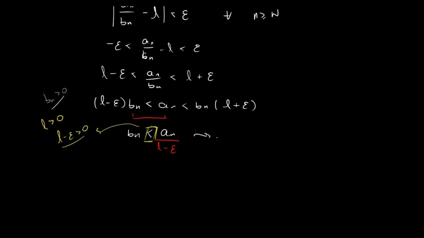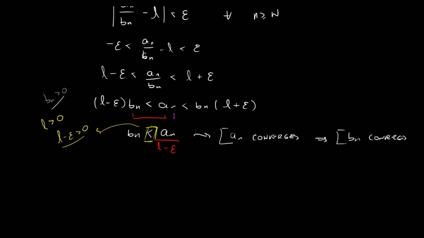From this inequality, using the comparison test we learned in the previous video, we know that if the series of a sub n converges, then the series of b sub n converges.